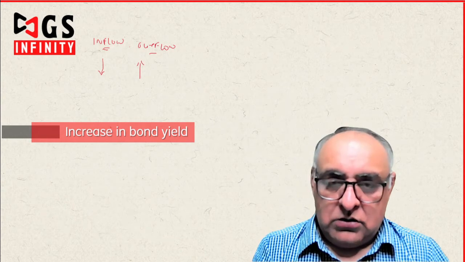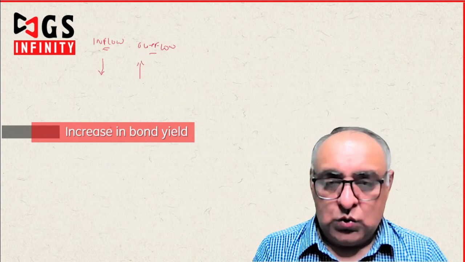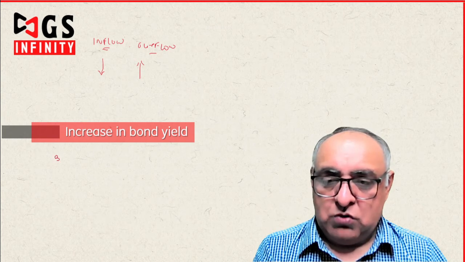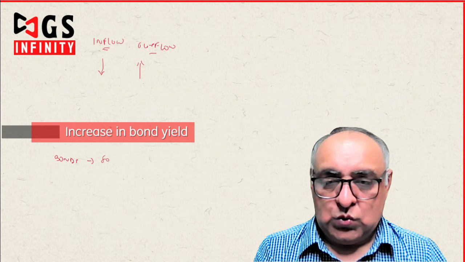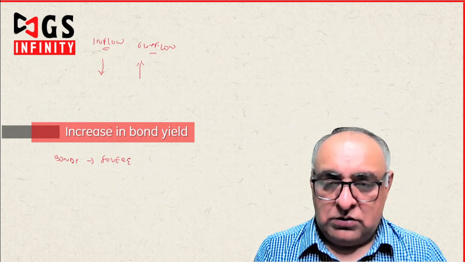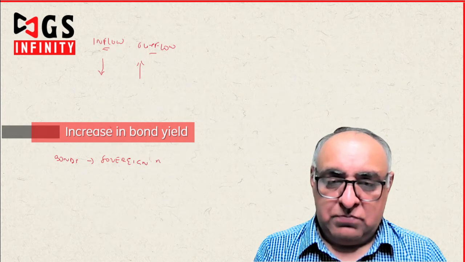So then what is there? Usually, the government issues bonds, which are known as sovereign bonds, to borrow money from the foreign markets.